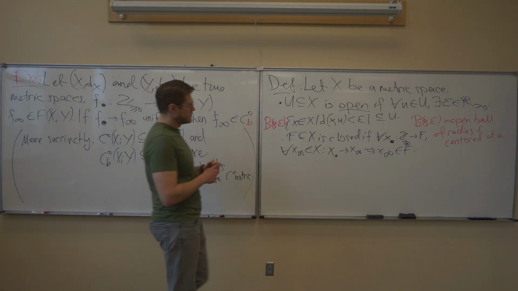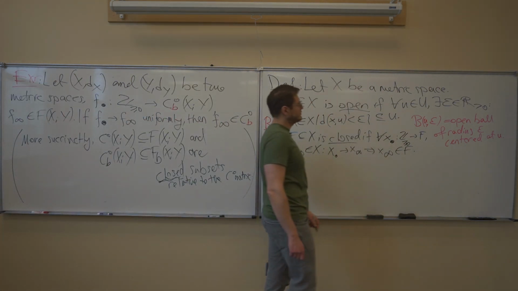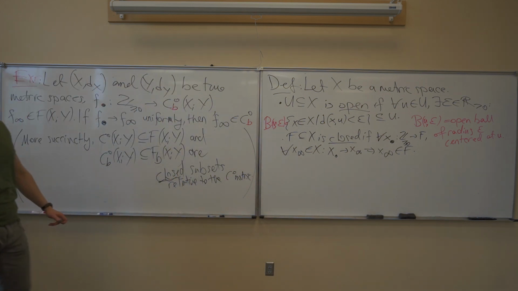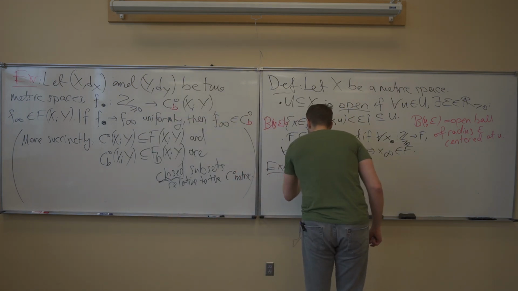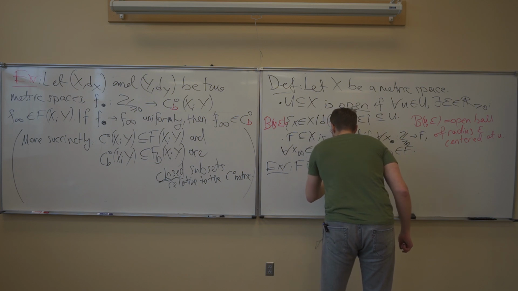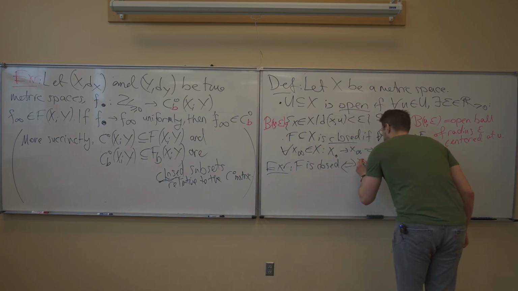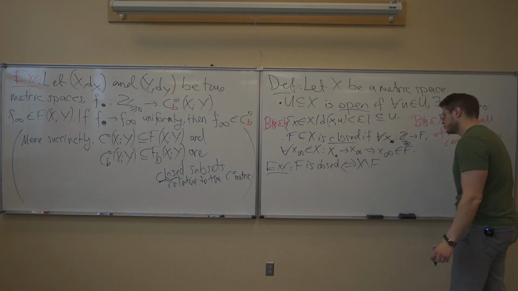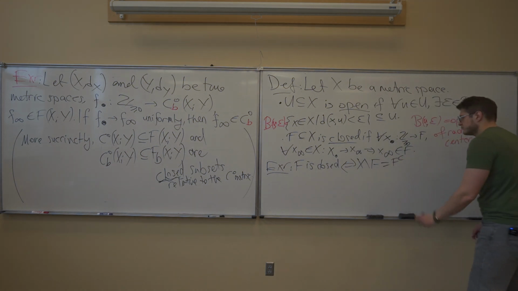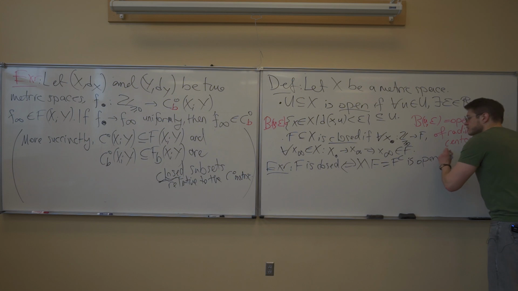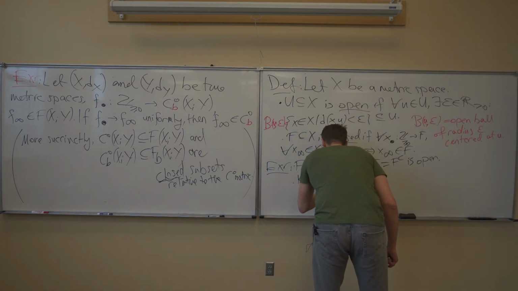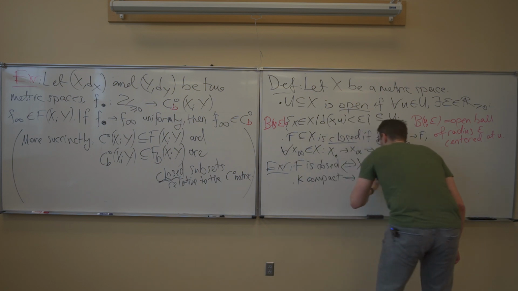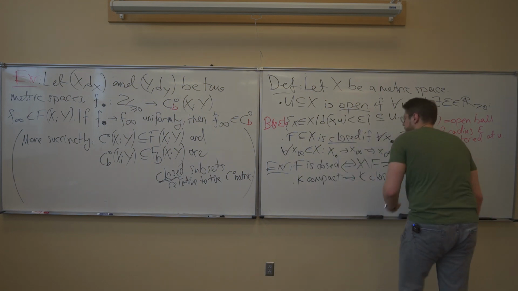Some exercises about this. The notions of closed and open subsets are complementary, in the sense that a subset F is closed if and only if its complement, X take away F, is open. If I have a compact subset, then it is also closed; closed is something weaker than compactness.